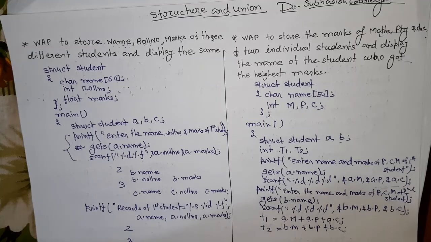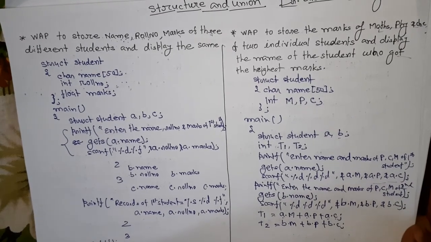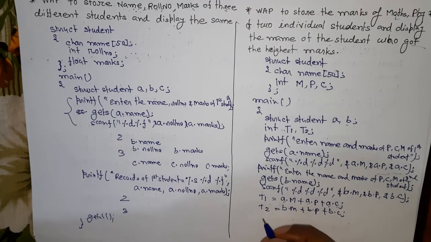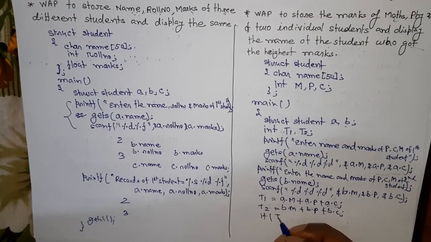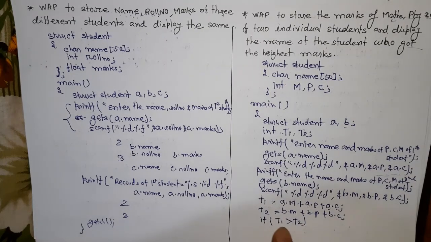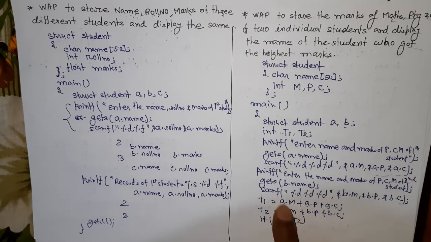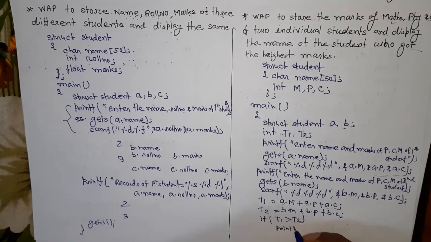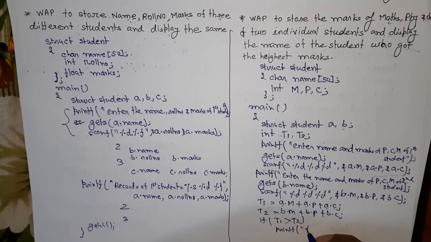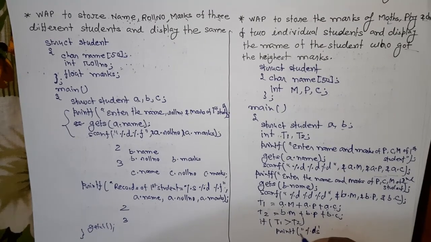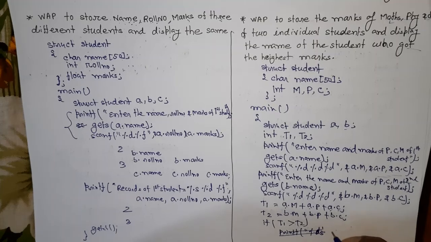Now we will have the sum of both students, that is T1 and T2, and the display will depend upon which is the greatest. So here we'll compare. If T1 is greater than T2, so definitely whose name should be displayed? The name of the first student should be displayed. So here you simply mention printf %s, or you may write puts also, choice is yours.